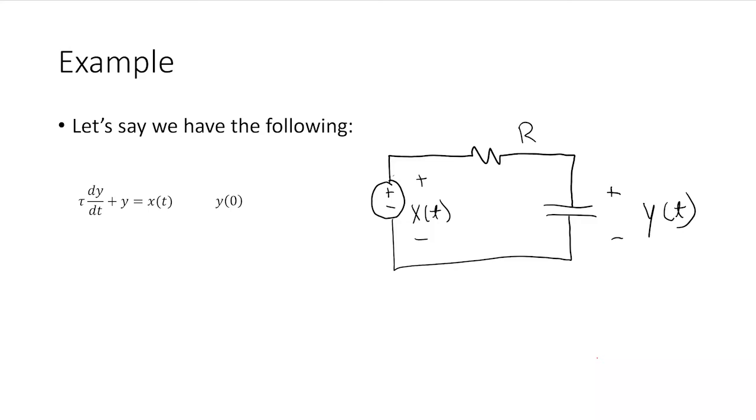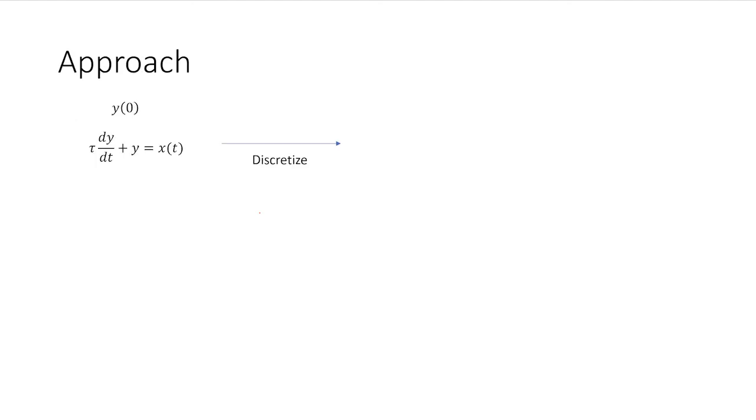So let's say I had this circuit right here. I would get essentially something that looked like this equation, where y is the voltage across the capacitor, x is the voltage coming in, and I get a y of 0 as my initial condition. I want to put that in the computer, so I have to discretize it. I have to go through that process. So what should I do here? How should I start?